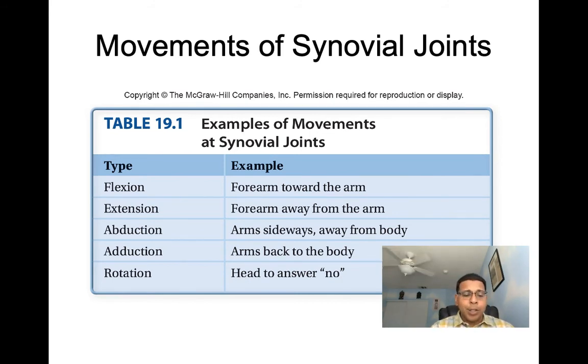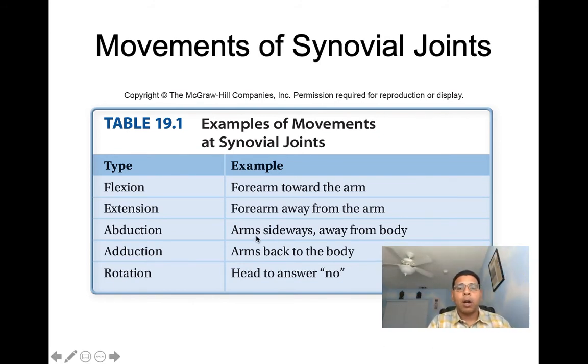And then abduction. Abduction is a term that describes moving a limb away from the midline of the body. So if we're standing with our arms to our sides, and we move our arms away from the sides, here we have abduction taking place. It's the exact example they're giving us here.